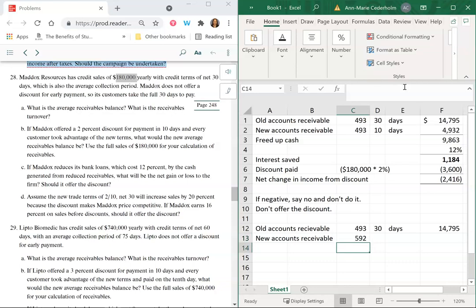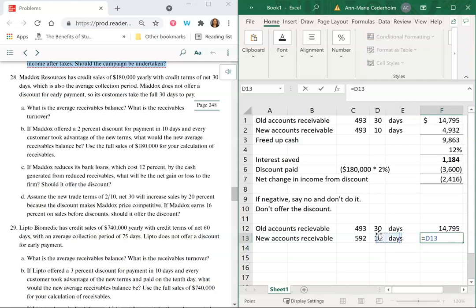So again, what I did is I took the 180,000 times 1.2. I got 216,000 in new sales. And then I divided that by 365 days. And I'm still going to offer the discount, which is 2% off if you pay in 10 days.